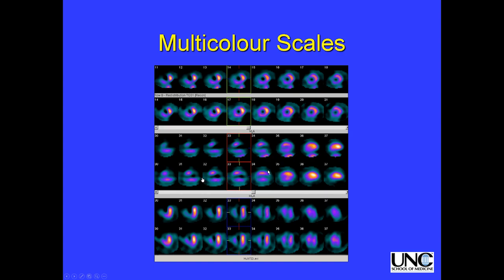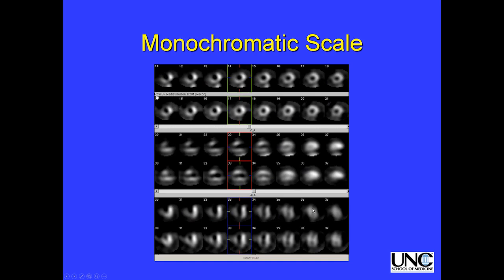Now, if I take this same image, and don't change the intensity or anything else, and I just flip the scales to show it in a monochromatic scale, you may be able to aesthetically appreciate how much more dilated the cavity looks here. And you can also see the ischemic disease better here, in fact. Aesthetically speaking, the monochromatic scale may help you ascertain things that the multicolor scale might make you miss, or vice versa.